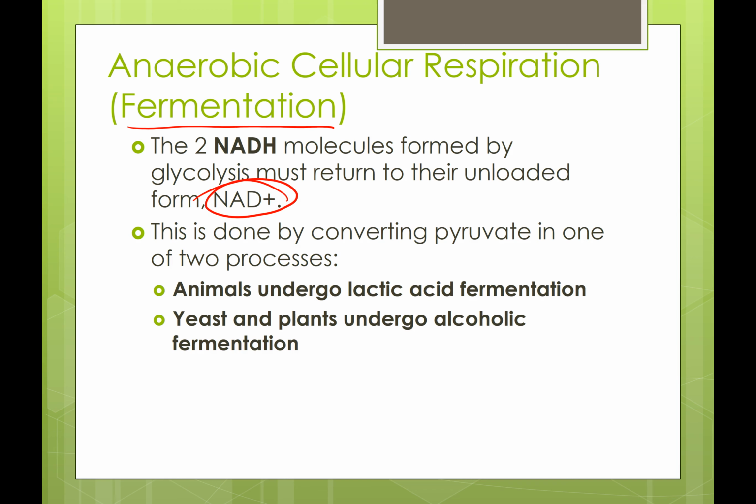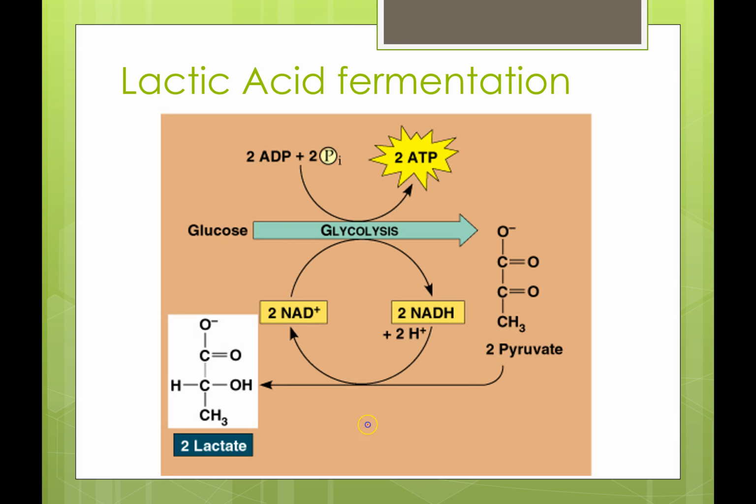Okay, so they have to go back to being NAD pluses. And we do this by converting those 2 pyruvate molecules in one of 2 processes. Either we convert it into lactic acid, and this is what animals undergo. And then yeasts and plants actually undergo what we call alcoholic fermentation.